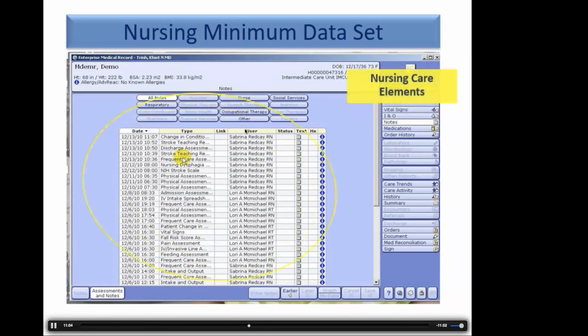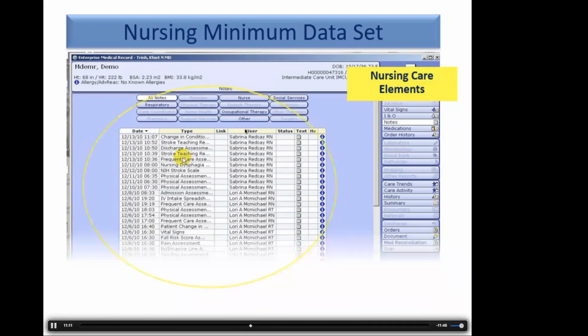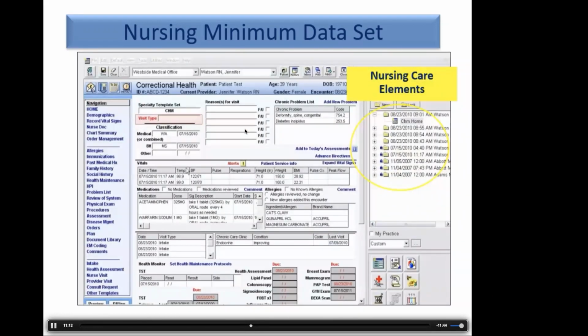We have the nursing care elements, which include the nursing diagnosis, nursing intervention, nursing outcomes, and intensity of nursing care. For the patient demographic elements, it contains the personal identification of the patient, date of birth, gender or sex, race and ethnicity, and residence.